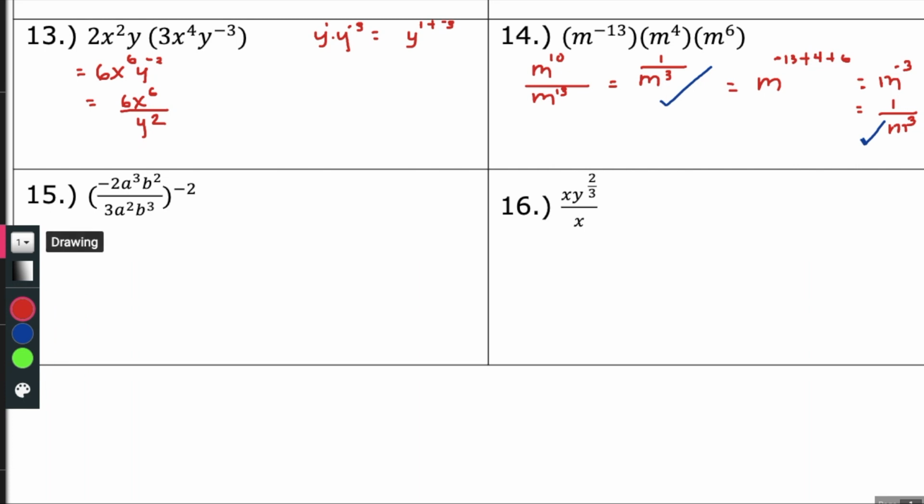Okay, let's proceed to question number 15. Now you have a negative exponent, so you can actually reverse or change the position.